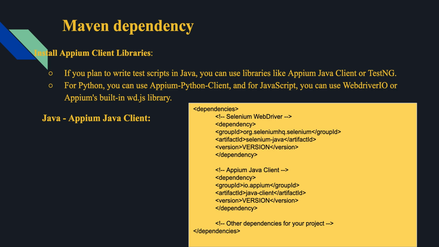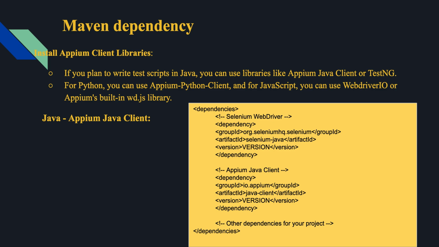If you are using the Java client, then you can use the Java client library with the latest version, and Selenium Java libraries. As we all know, it uses the Selenium library internally, so we can use both dependencies.